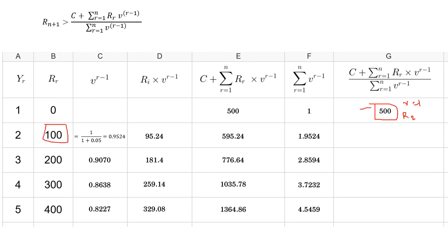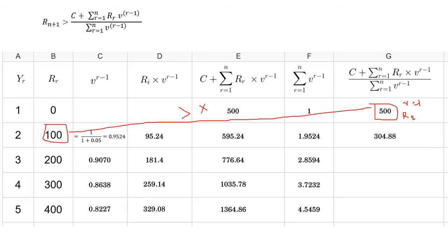We want to find out whether 100 is greater than 500. This condition is not satisfied at the end of the first year, and hence we are not going to replace the machine after the first year.